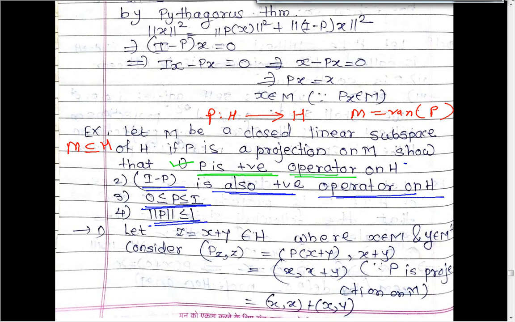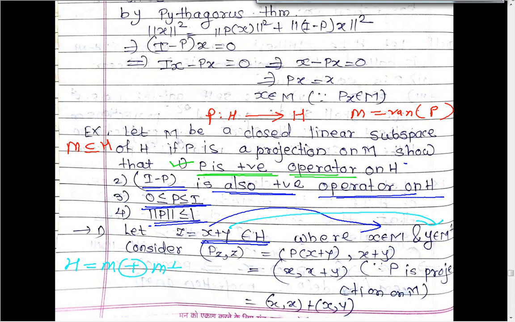Consider z is equal to x plus y in H. Then we could take x in M and y in M perpendicular, because we can write H as direct sum of M and M perpendicular.